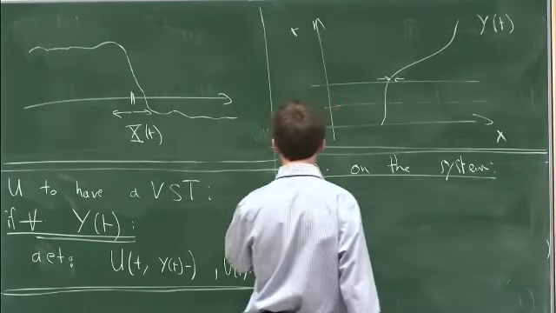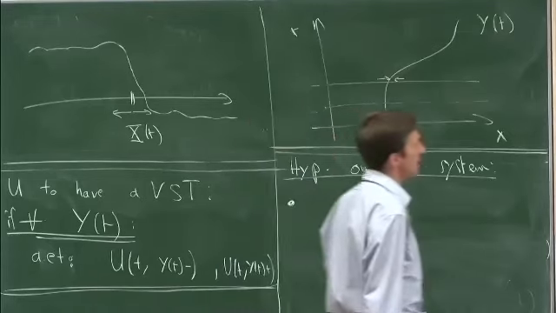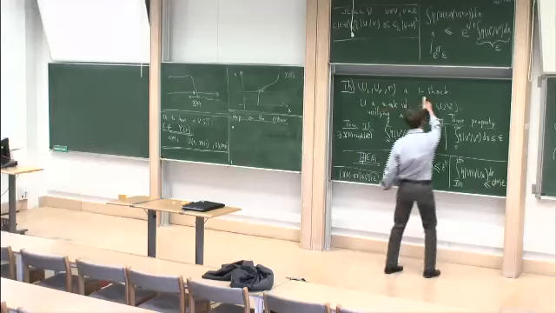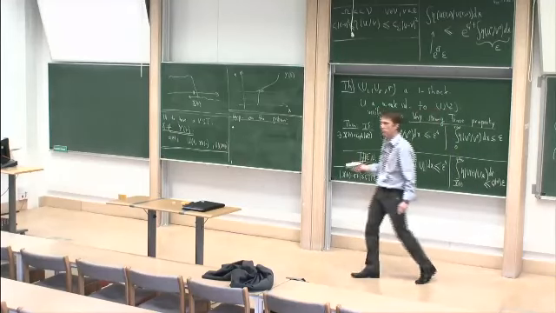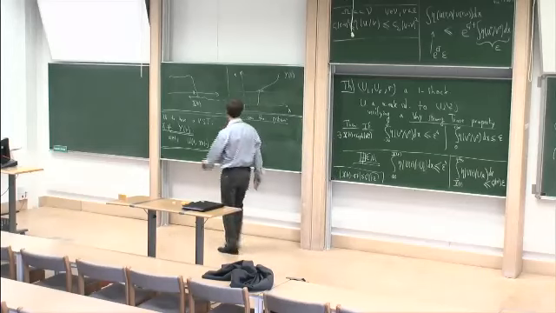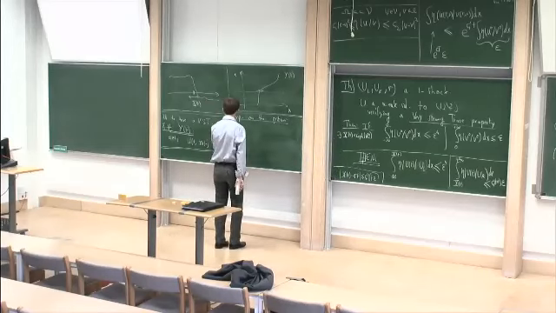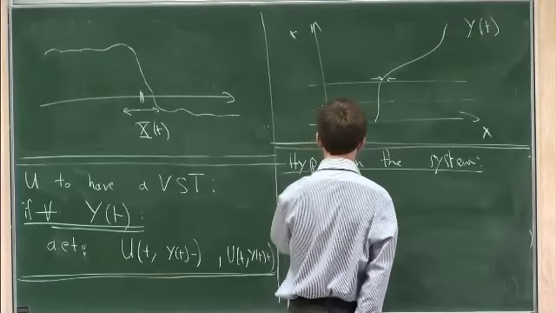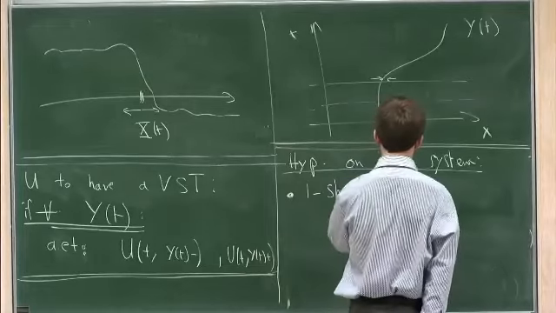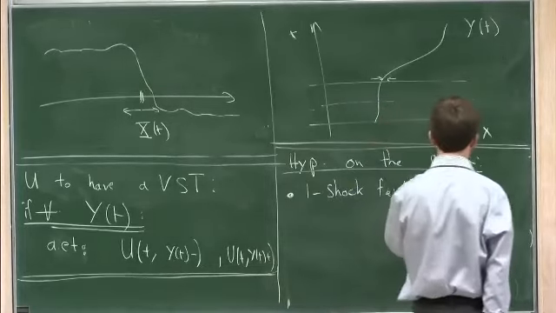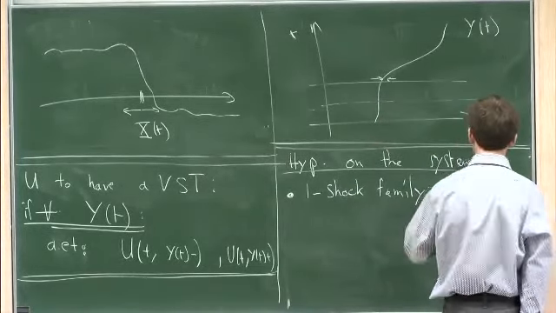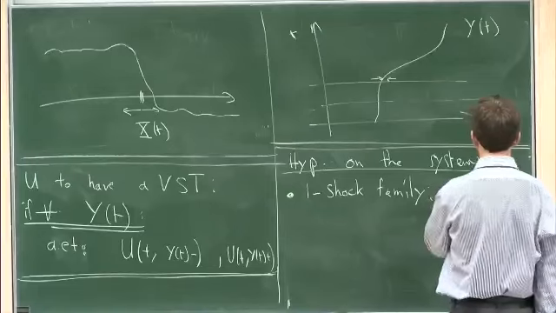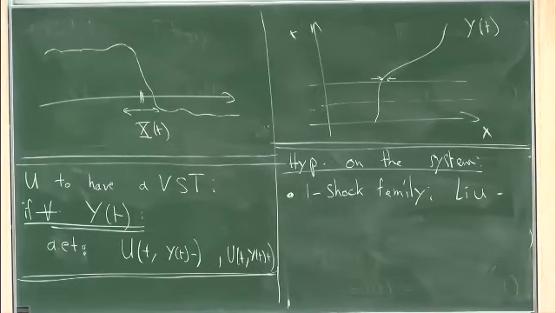Basically, I claim this is a one shock. This means that I refer to a one shock family, and I will assume that this one shock family verifies the criteria of U, which has a name, so it's very classical.